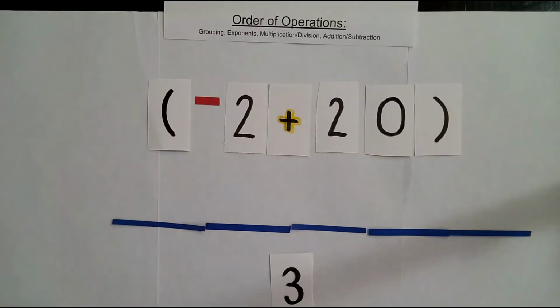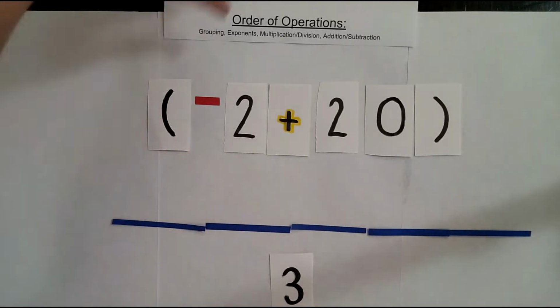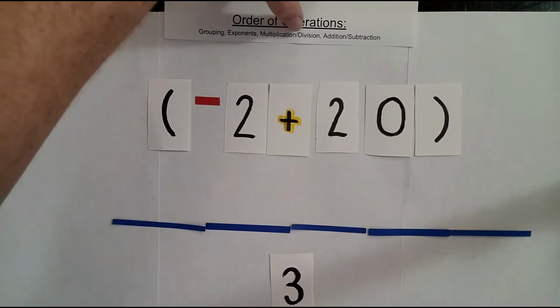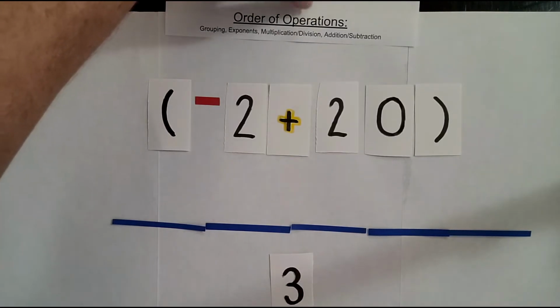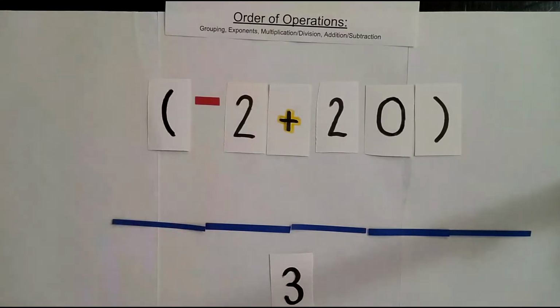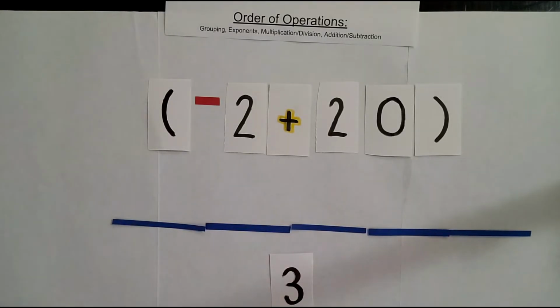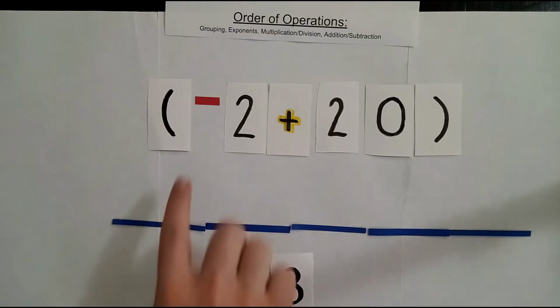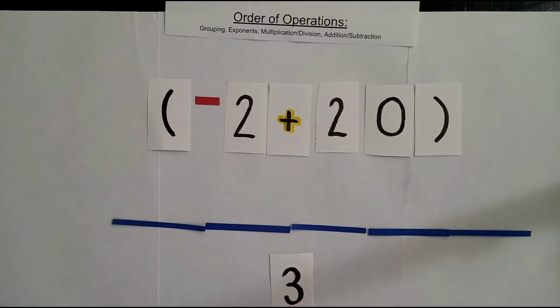The next part of this, we've got negative 2 plus 20, so let's check. Is there any multiplication or division left? I don't see any left. So we're going to move on to addition and subtraction. So I do see some addition here. So negative 2 plus 20. So we're going to use that same strategy we used before.